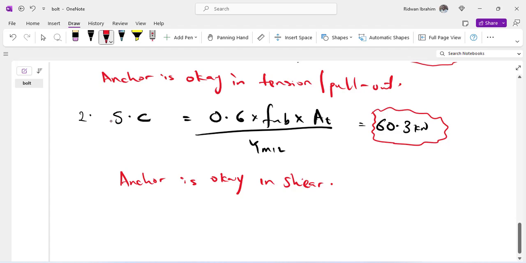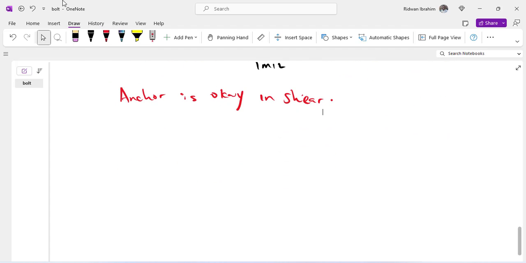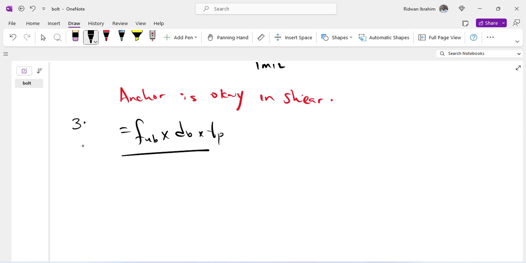Okay, so the third one, now we have to calculate the bearing capacity. So the formula is FUB multiplied by DB multiplied by TP over your gamma M12 as usual. So what's FUB? That's the bearing strength of your plates, and we said that for S275 grade of plates, the bearing strength, which is the bearing capacity, is 460 Newton per millimeter squared.